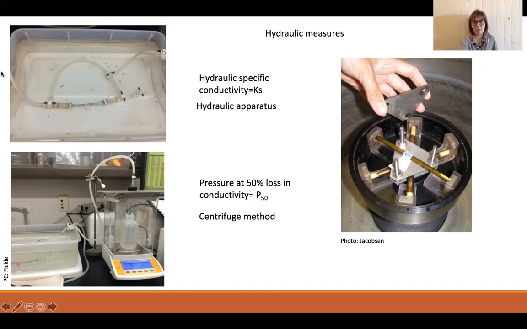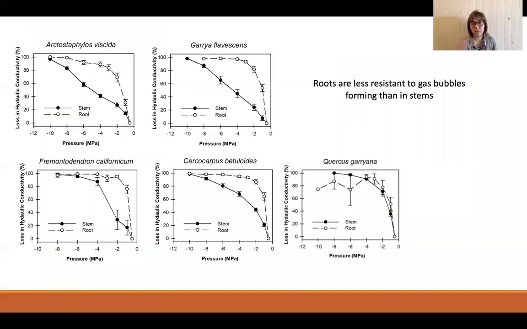Then I would measure the hydraulic conductivity again, and I would do this again and again at increasingly negative pressures, until there was no flow left in the stem or the root. From there, I could back calculate the pressure at which 50% of the conductivity was lost.